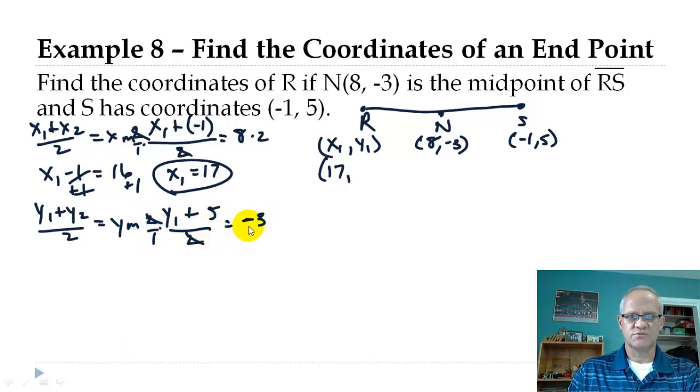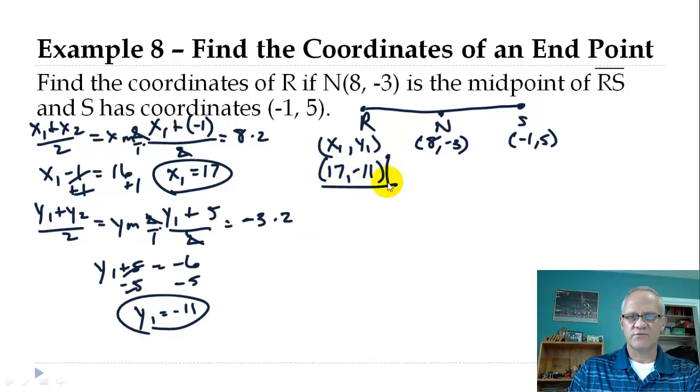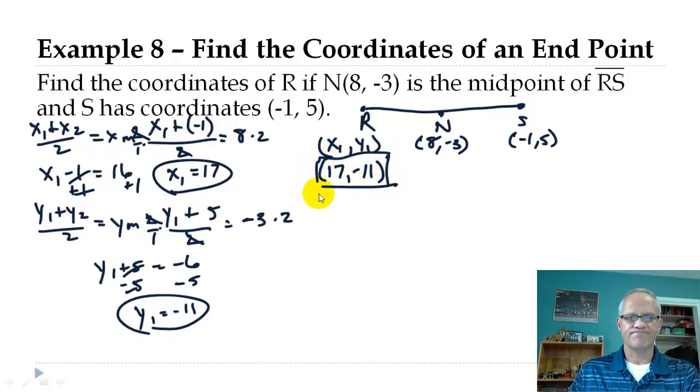Times 2 to cross out the 2, times 2 here. So what we have is Y sub 1 plus 5 equals a negative 6. And then lastly, minus 5 minus 5. Y sub 1 equals a negative 11. So this would have to be a negative 11. And that is our answer.